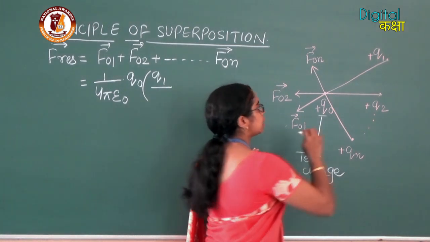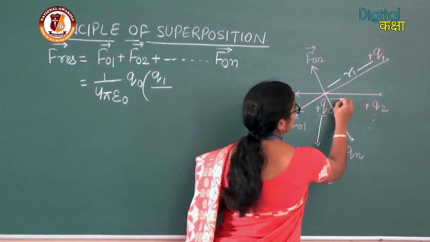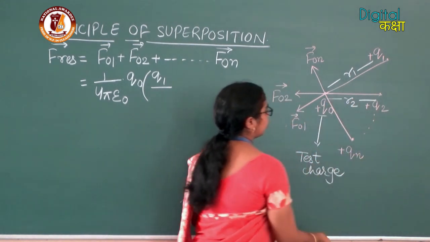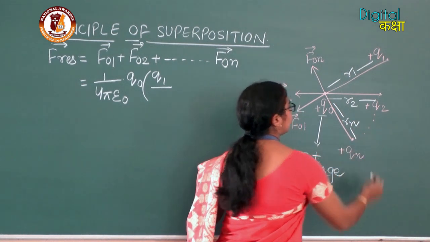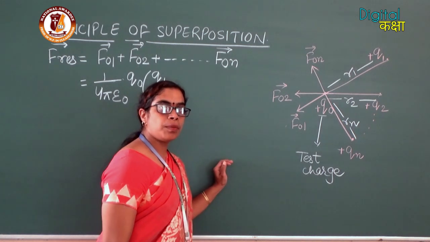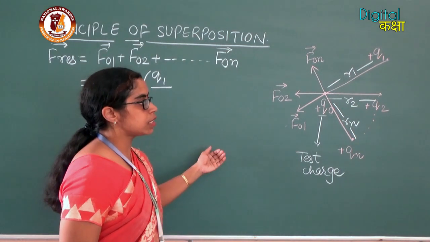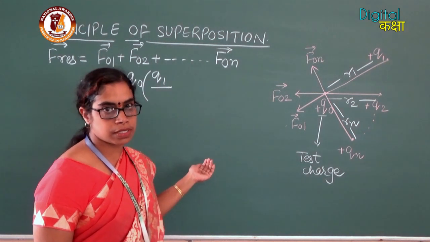Let us take that distance to be R1, this distance to be R2, and the distance between Q0 and Qn to be Rn. But in the vector form, we will be using these distances in the form of position vectors.